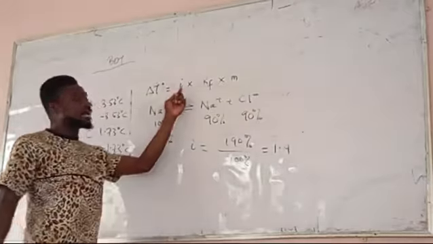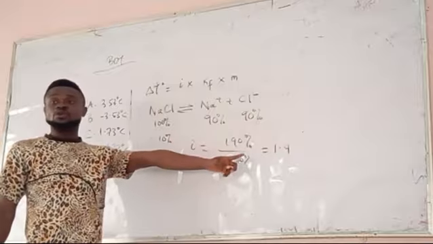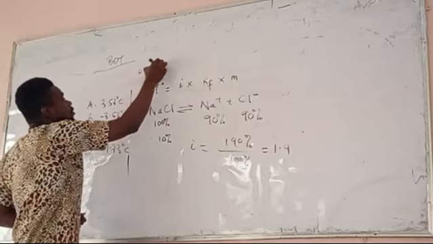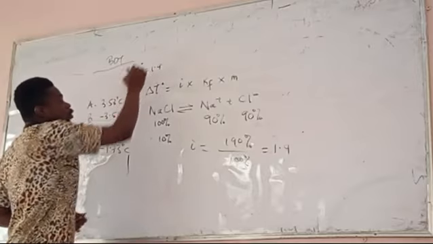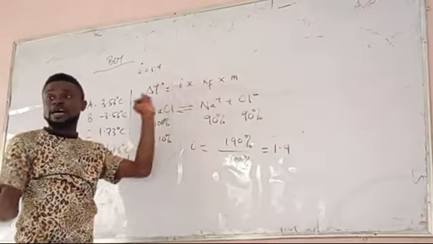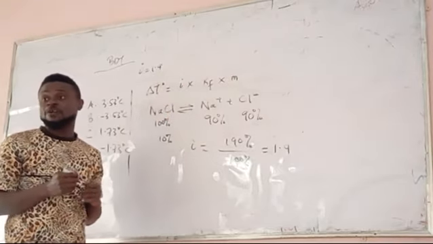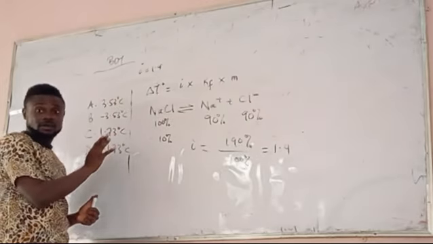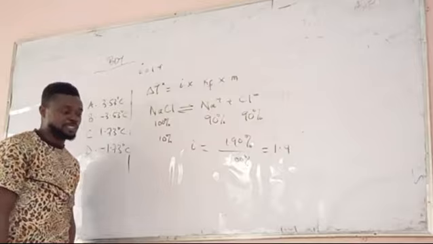So we have found our i factor: i is 1.9. We find this one after the other, then calculate and find our freezing point. Is that clear? Good. Please, if you are not putting it down, you can put it down.